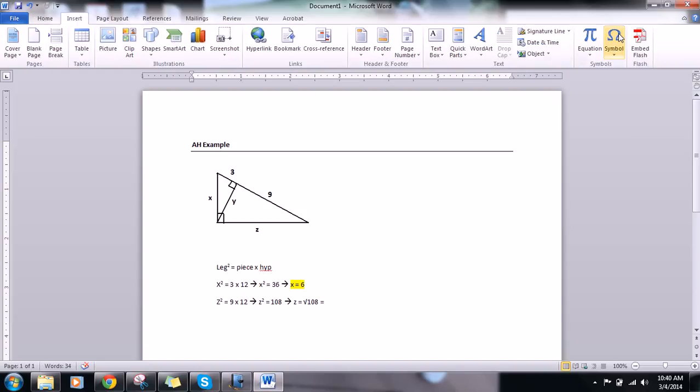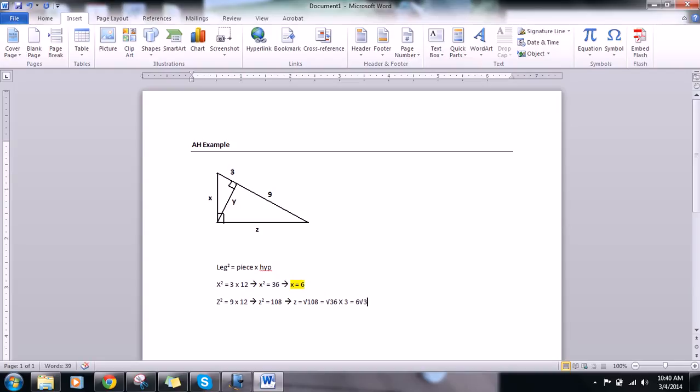So 108 is equal to 36 times 3, all inside the square root. And so the square root of 36 comes out as 6, and in stays the 3. So I get 6 root 3.